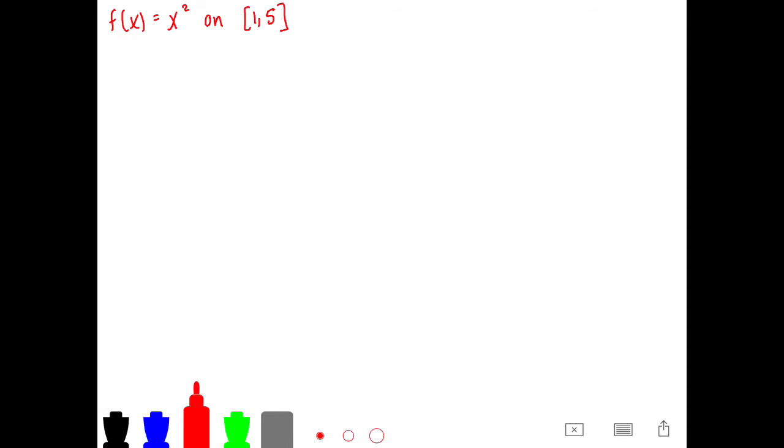Alright, so for this problem, we first want to start by plugging in our a and b. Actually, let me provide the formula once again. This time it will include f of b minus f of a all over b minus a.